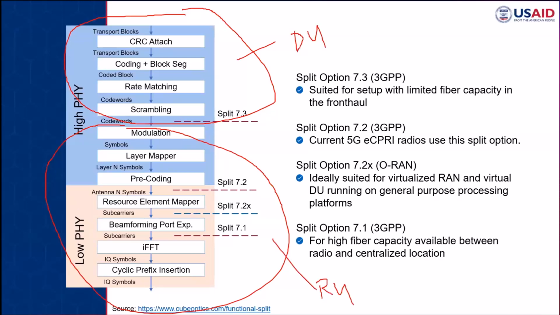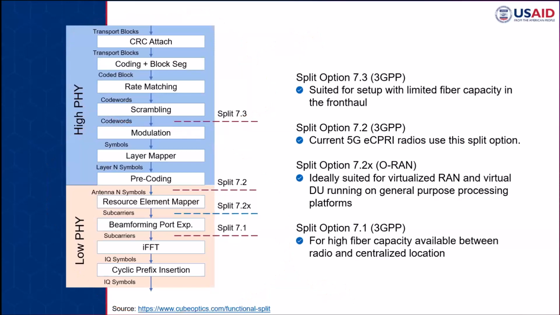If it's split option 2, what will happen is here. It's a matter of deciding where those protocols or functionalities will be grouped. So it depends on the application where to deploy.